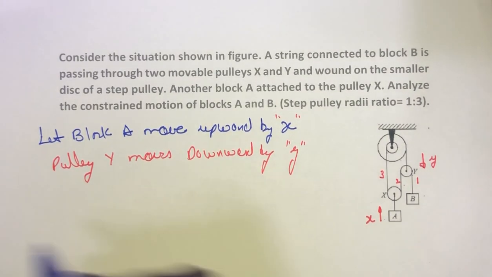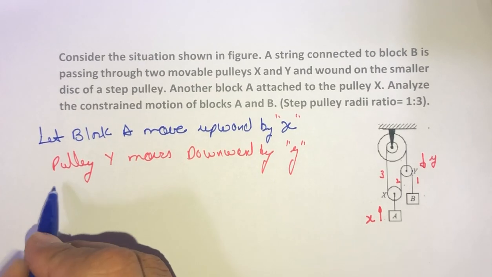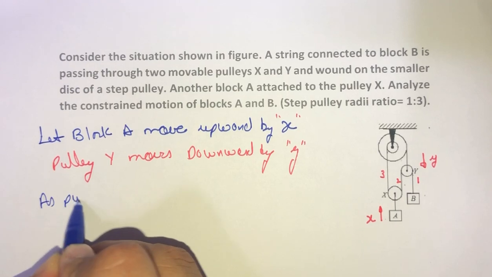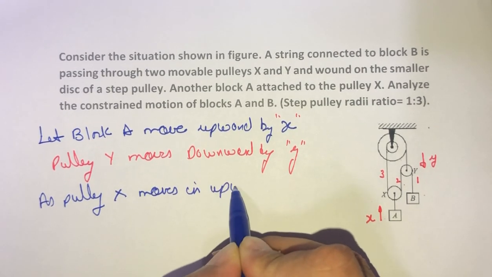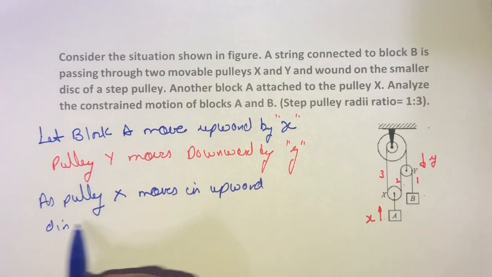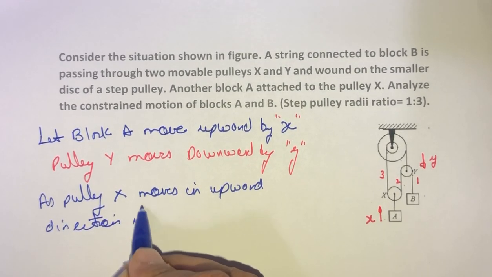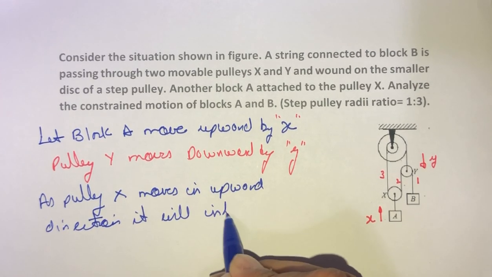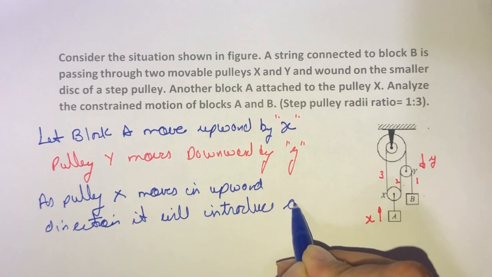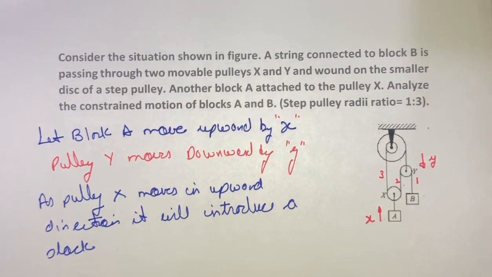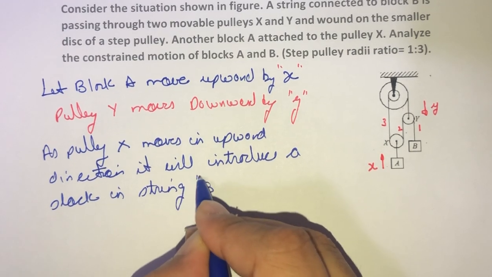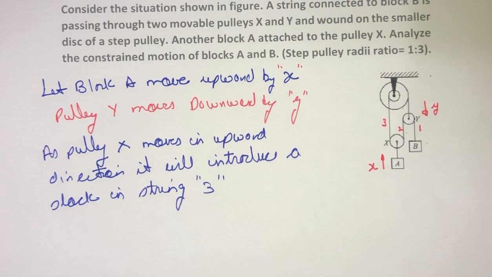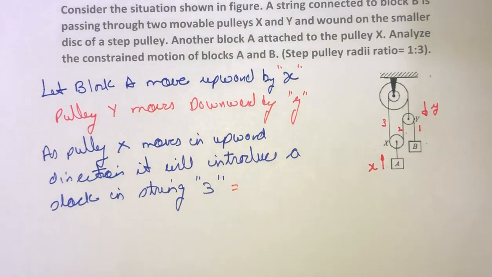You can see that as pulley X moves in the upward direction, it will introduce a slack in string 3, and this slack, let us suppose, is given as x prime.